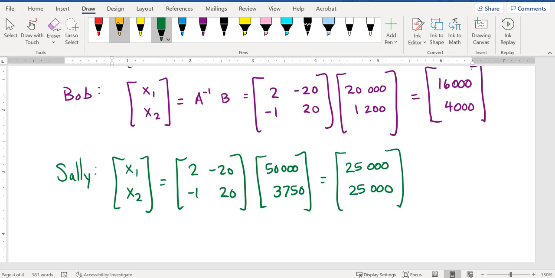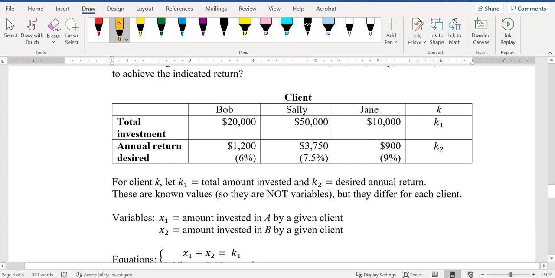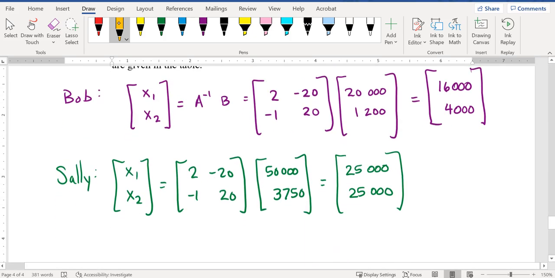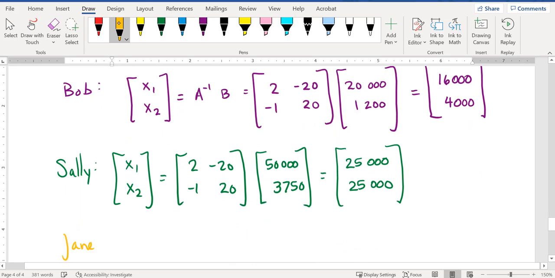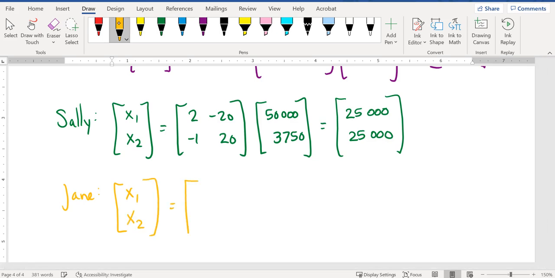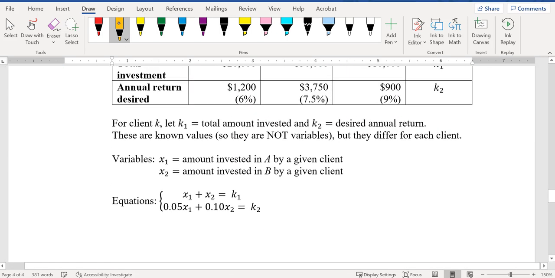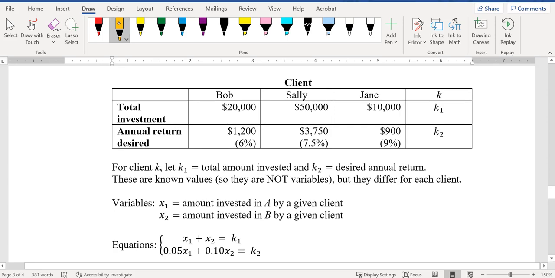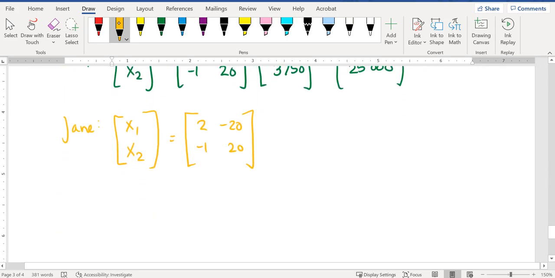And let's do one more. Who was the next person? Jane. For Jane, we're going to solve the matrix equation x1, x2 equals A inverse times, what did she have? 10,000 to invest, and she wants 900 back. So 10,000 to invest and 900 back.